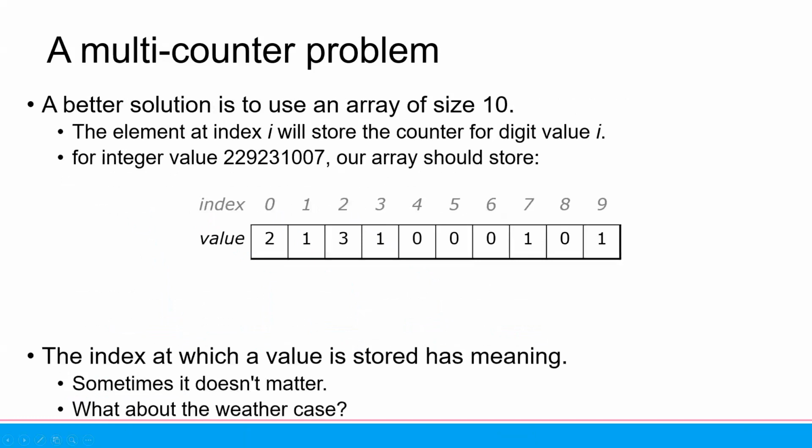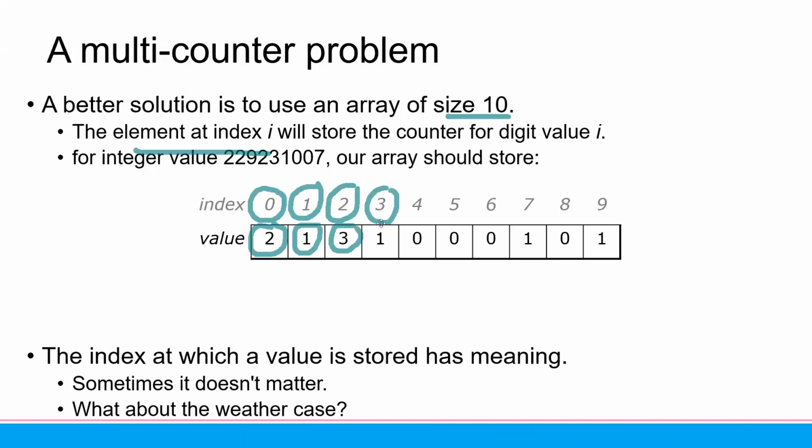A better solution is to use an array. We can make an array with size 10, and the element at index i, so it is index 0, means if we have any 0, we count it here.